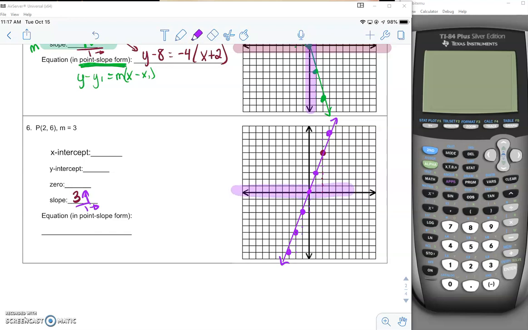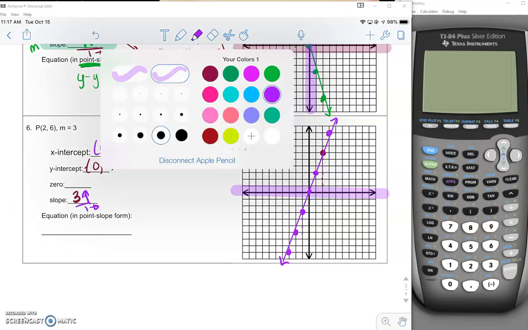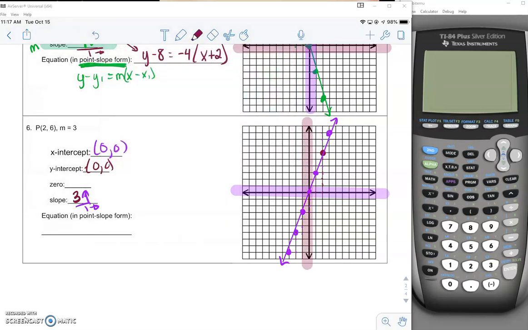Again, notice that my graph crosses the x-axis at the origin, so my x-intercept is 0. And my y-intercept is also 0 because it crosses the y-axis at the origin. The zero, same thing as the x-intercept, so my zero is 0. An equation in point-slope form, y minus y1 is equal to m times x minus x1.